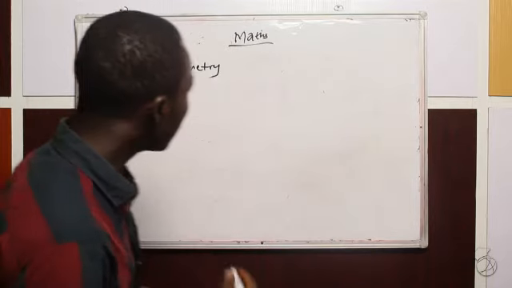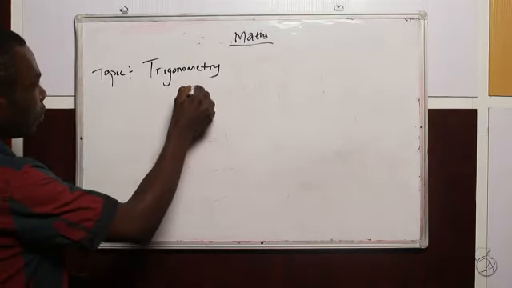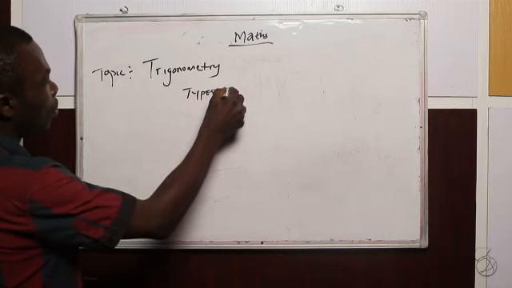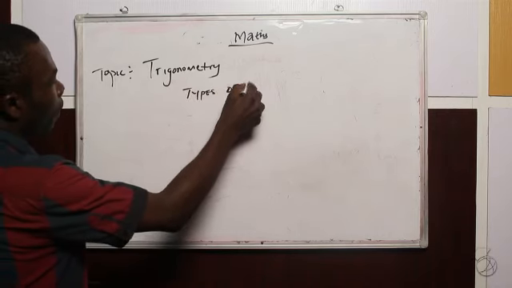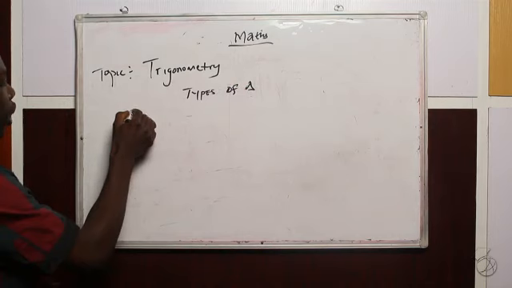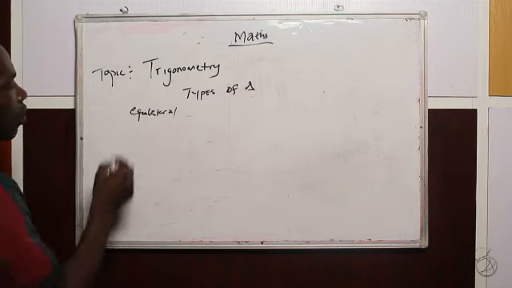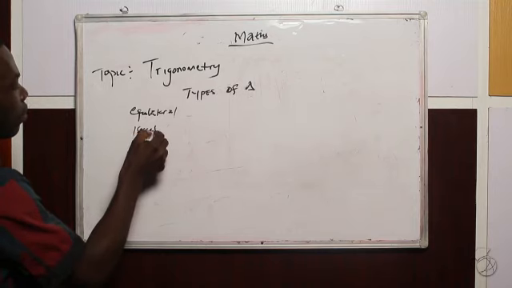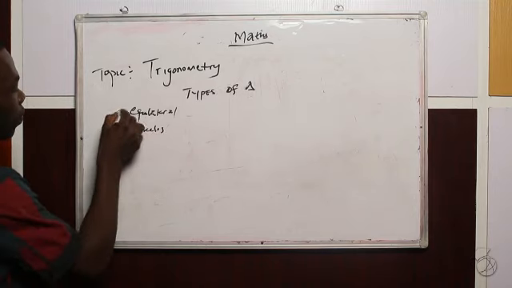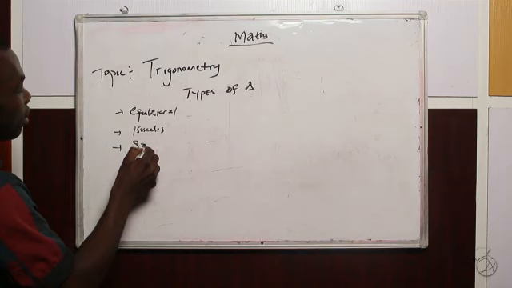There are different types of triangle. One, we have the equilateral triangle. We have the isosceles triangle. We have the scalene triangle.